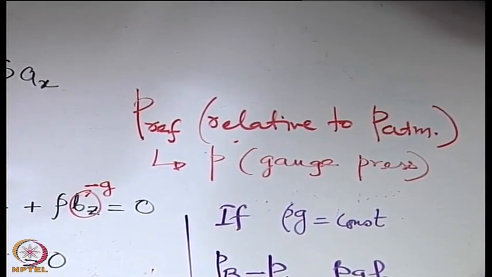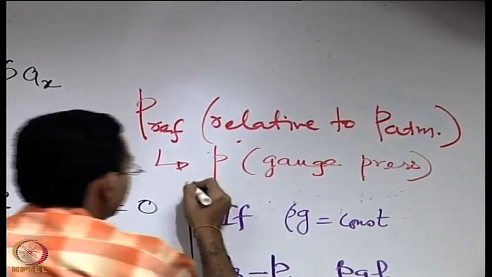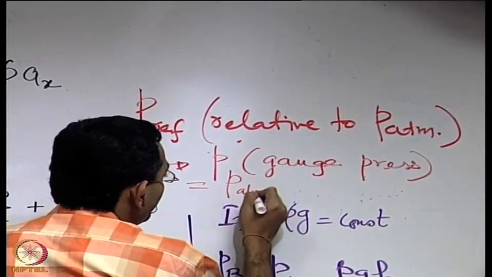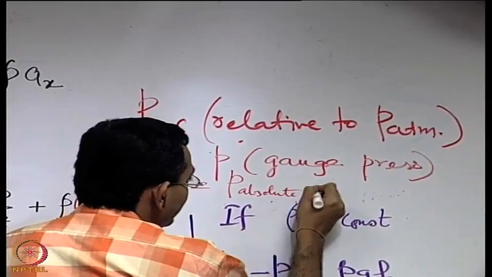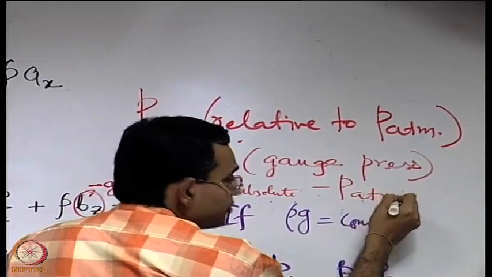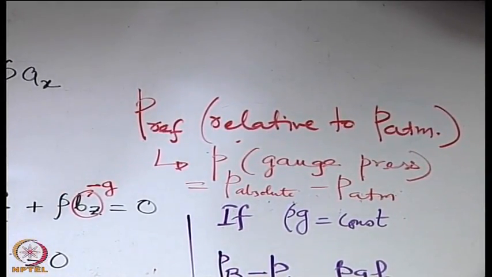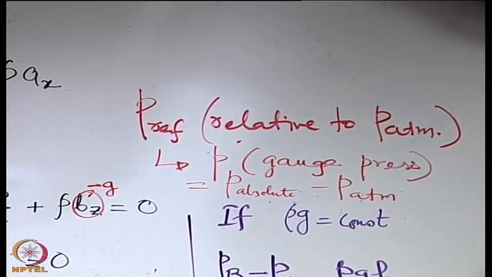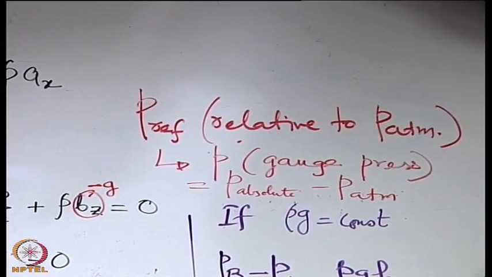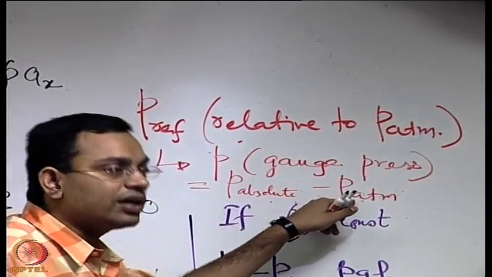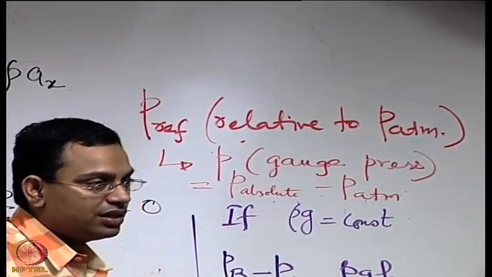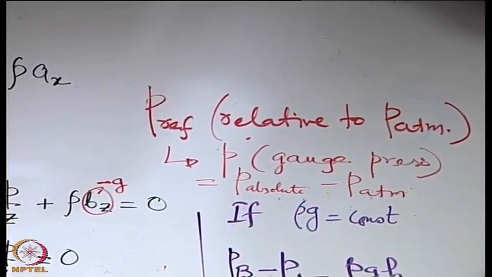So that means it is nothing but P absolute minus P atmosphere. Just the difference between the absolute pressure and the atmospheric pressure, that is as good as taking the atmospheric pressure as 0 reference and mentioning the pressure relative to that.